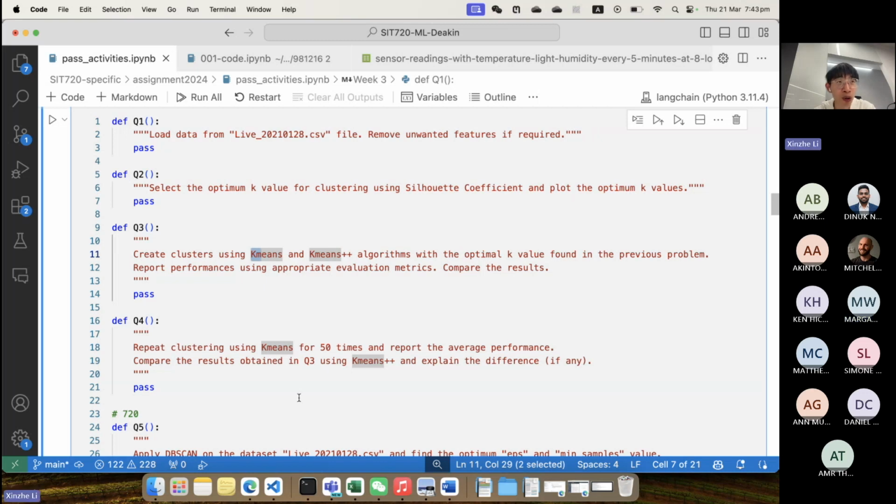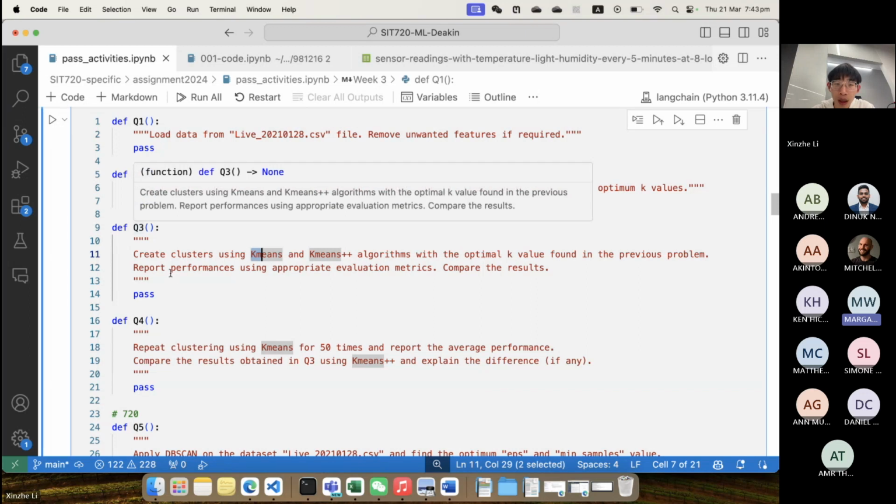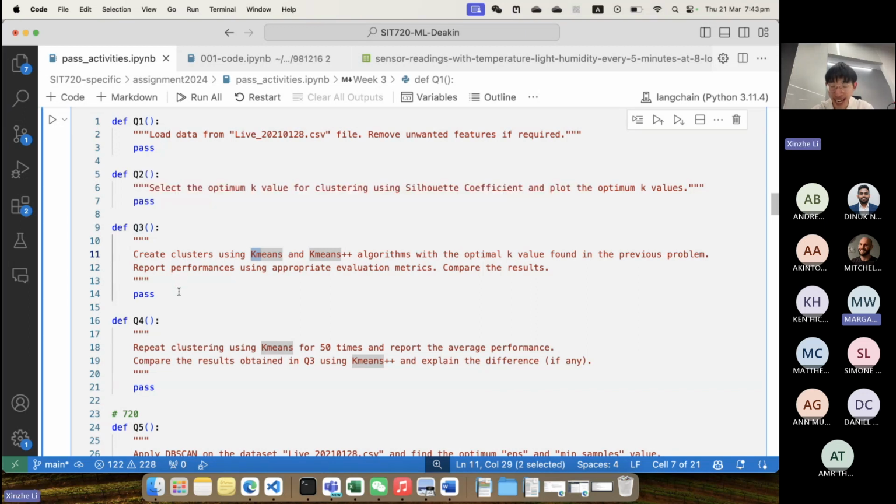Yeah, you can do distortion. Distortion is WCSS, and you can do silhouette, but you can't do purity. Okay, thank you. Because we wouldn't have the ground truth, right? Understood now. Thank you. No worries.